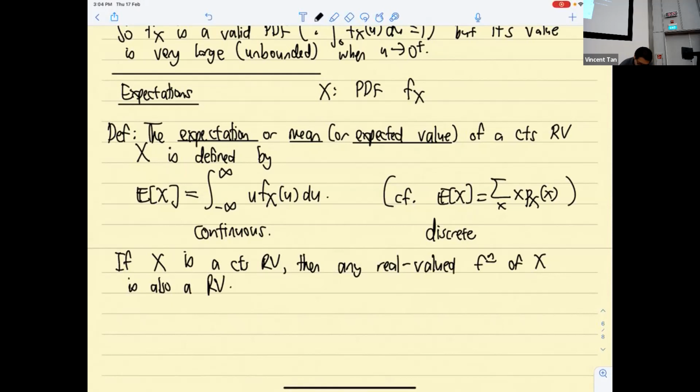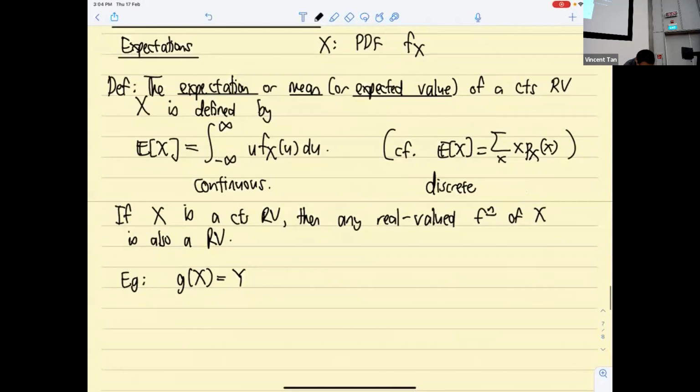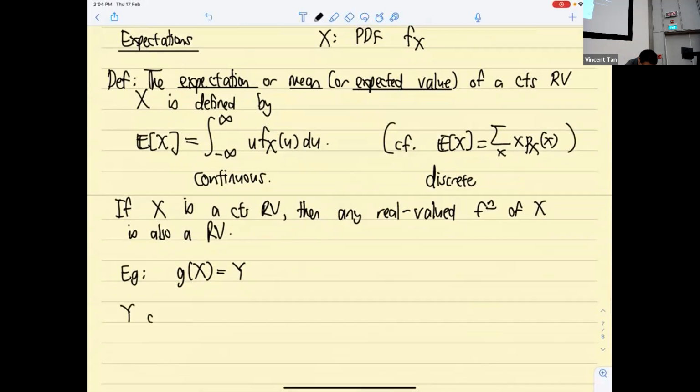For example, if my real valued function of x is g of x, that generates a new random variable y. Y can very well be discrete, because my function g could look like this. For example, g of x is a quantizer. Let's say that if the value x is non-negative, then y takes on the value 1.